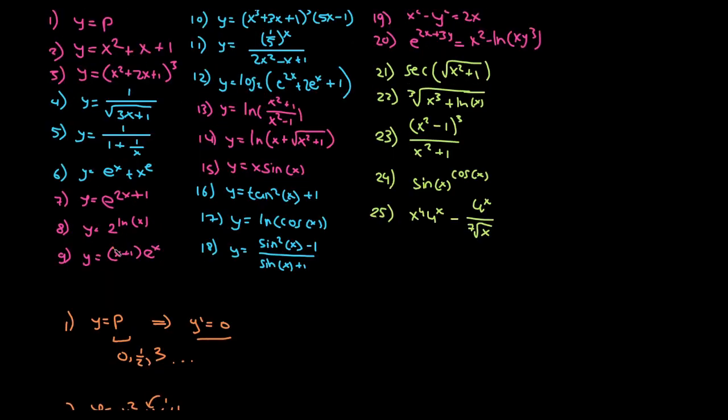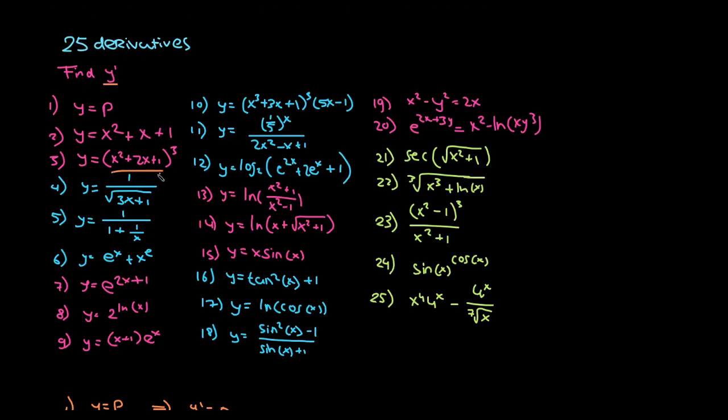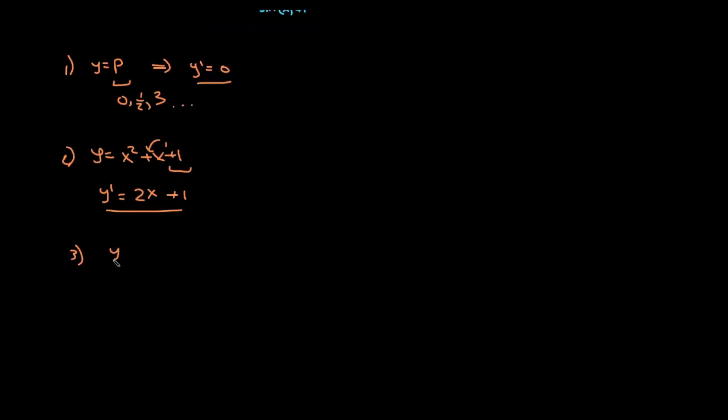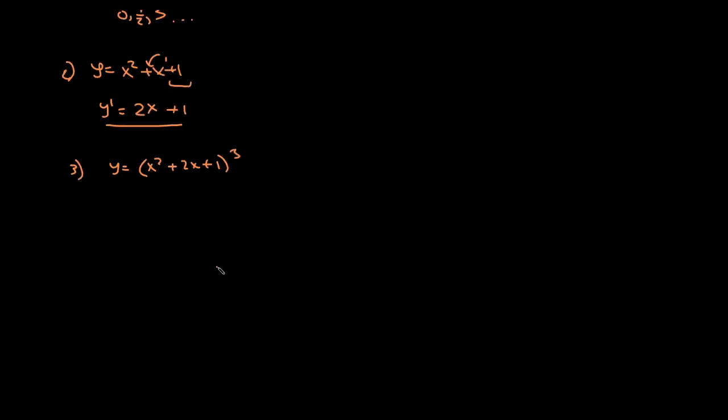Alright, the third function is x squared plus 2x plus 1, all cubed. Let's copy that. You might say you can immediately use the chain rule and the power rule, and that's true.